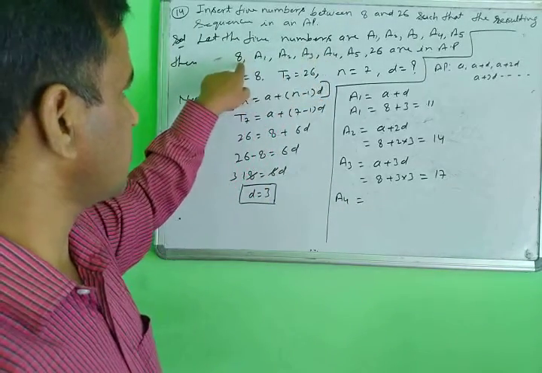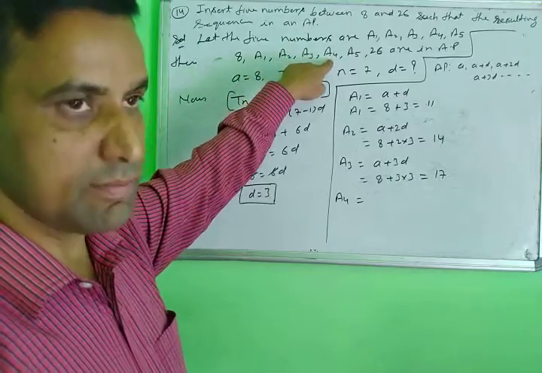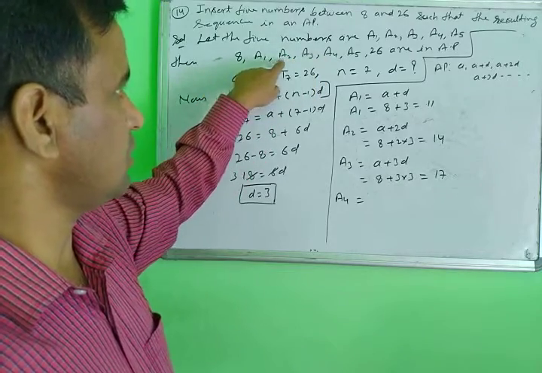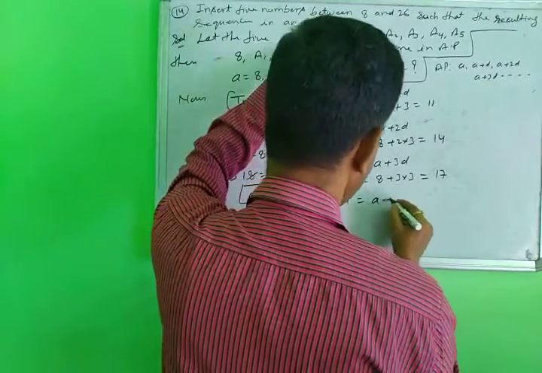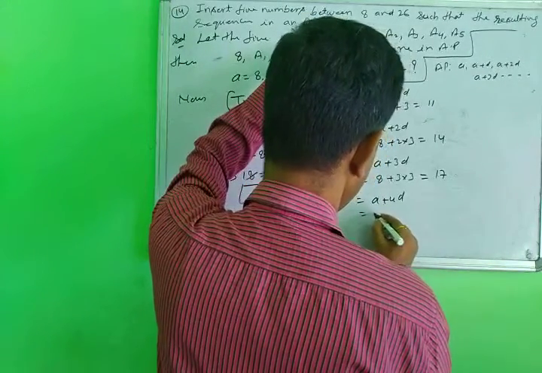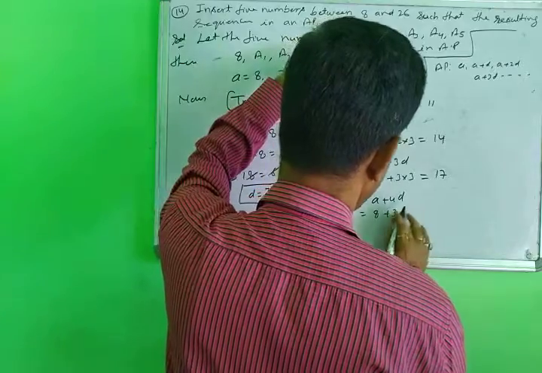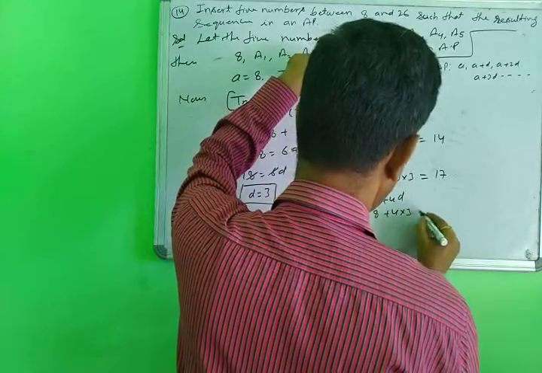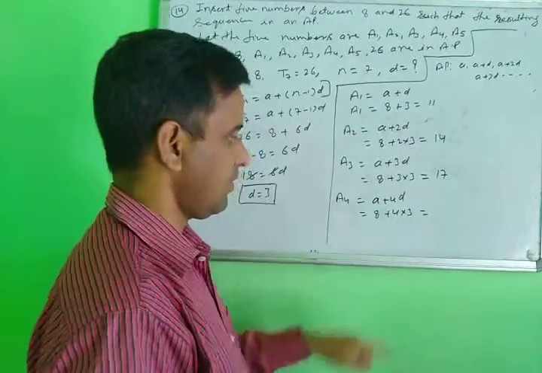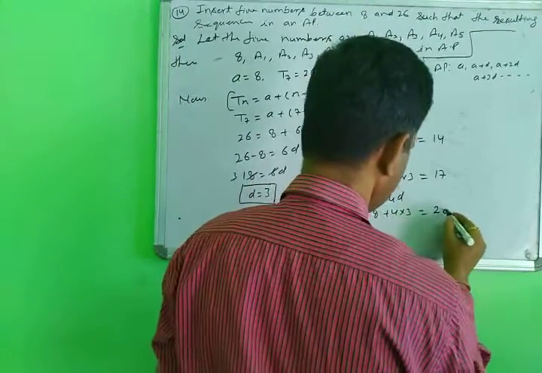I have to count this: 1, 2, 3, 4, 5. This is the fifth term. So the value of the fifth term is A plus 4D. 8 plus 4 into 3. 4 times 3 is 12, and 8 plus 12 is 20.